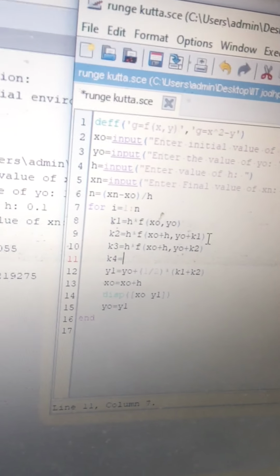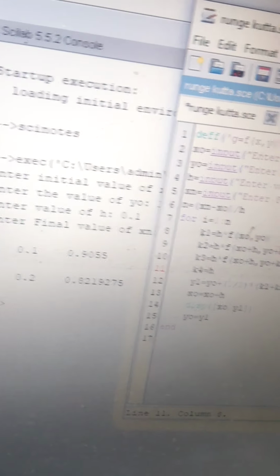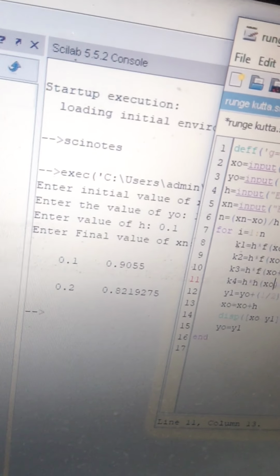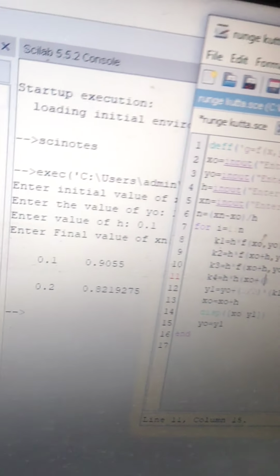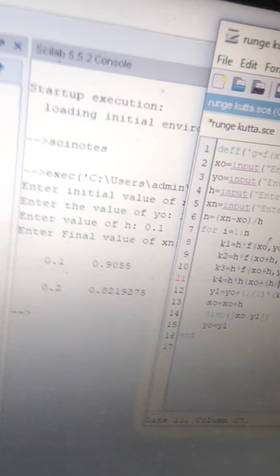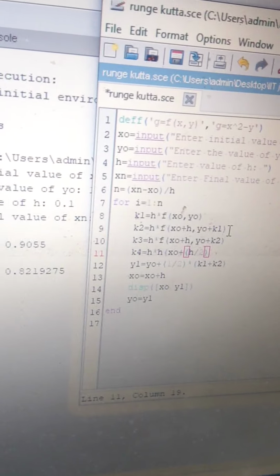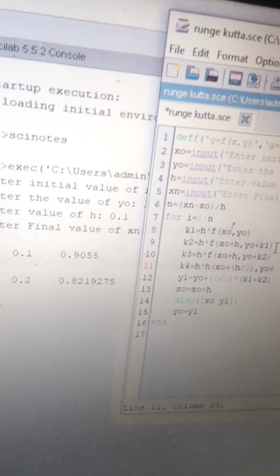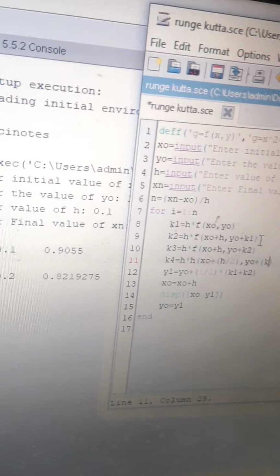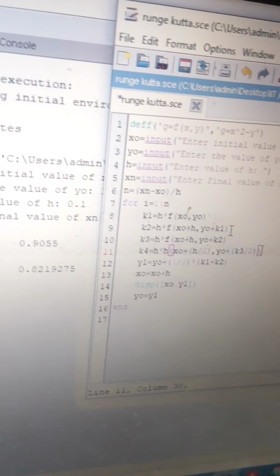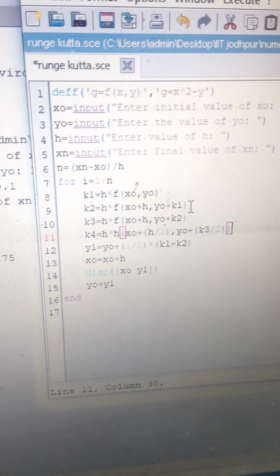Okay, and put k4, which is equal to h into f of x naught plus h by 2 comma y naught plus k3 by 2. Got it?